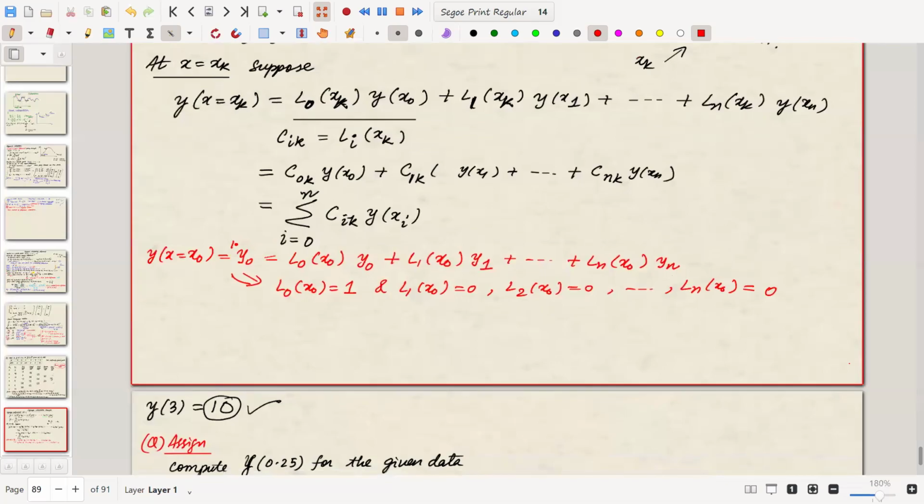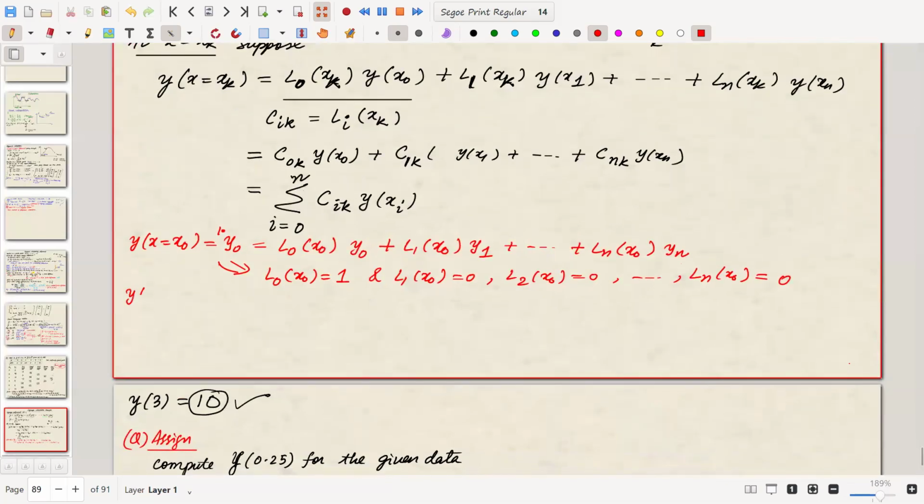Okay. Now, can you tell me what is y at x equals to x1? That is y1, right? What should it be? L0 of x1 times y0, plus L1 at x1 times y1, plus L2 at x1 times y2, so on till Ln of x1 times yn.